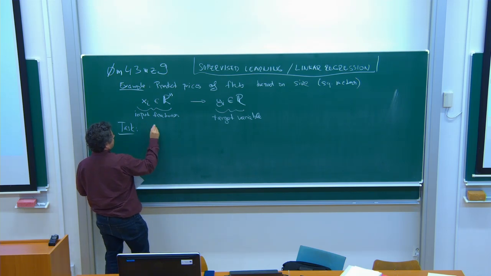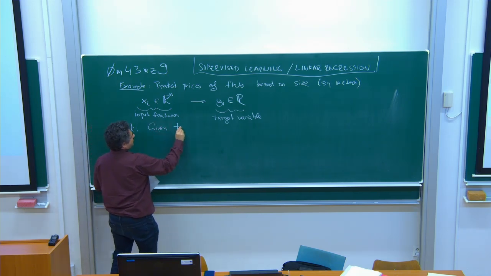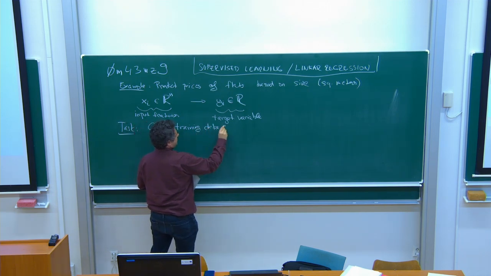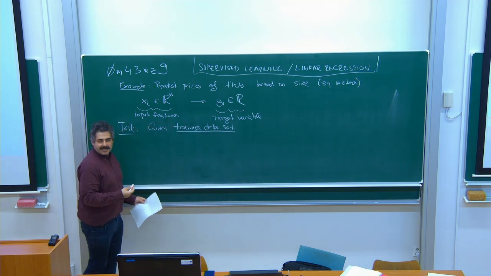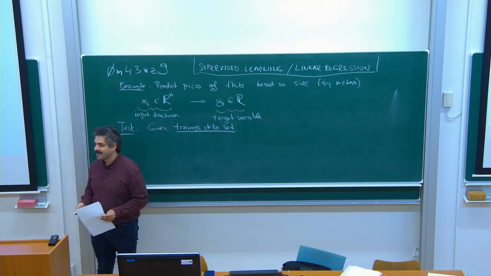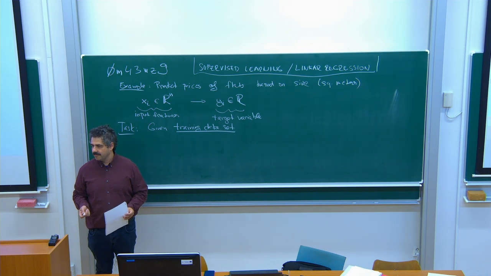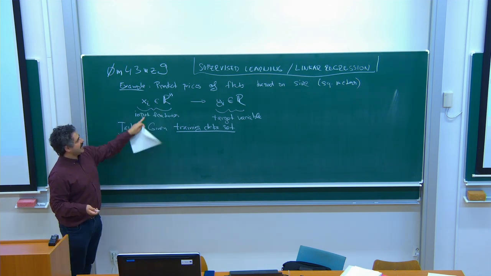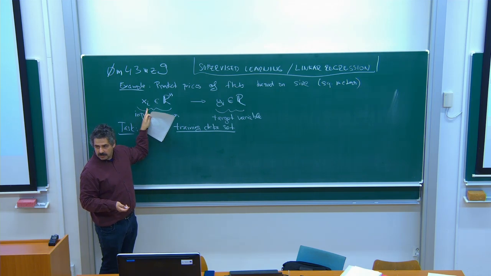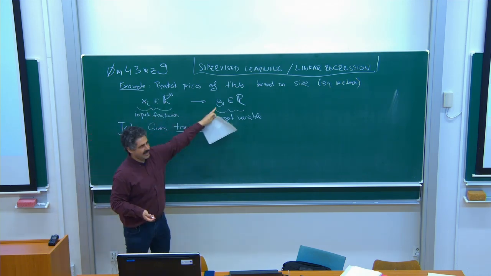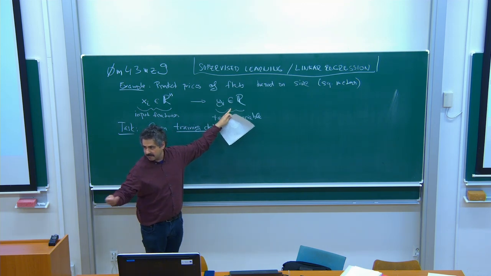So given some training data set. And what does this training data set look like? A list of houses with prices. Okay, so in this case, you have to have features of these individual apartments and the target price, their real prices.